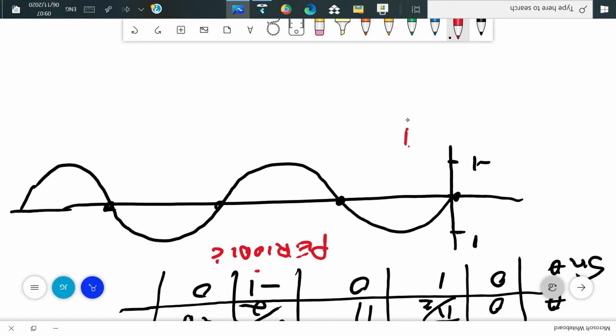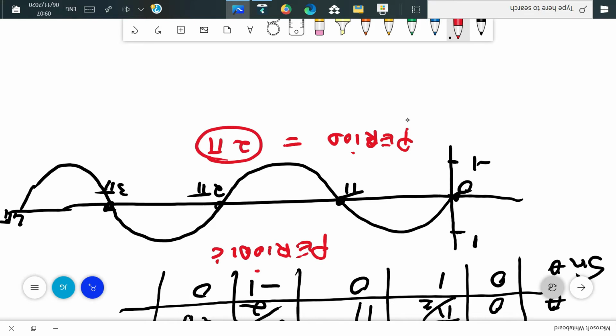And the period of this graph, I should have put in numbers here, sorry: 0, pi, 2 pi, 3 pi, 4 pi. So the period of that graph is 2 pi. In other words, it repeats every 2 pi.